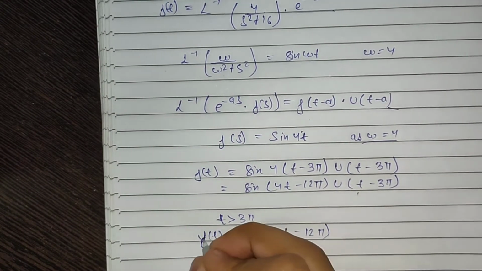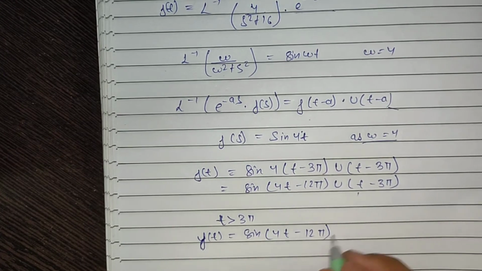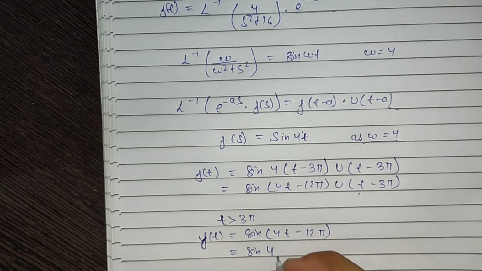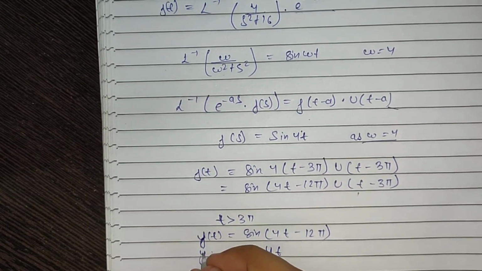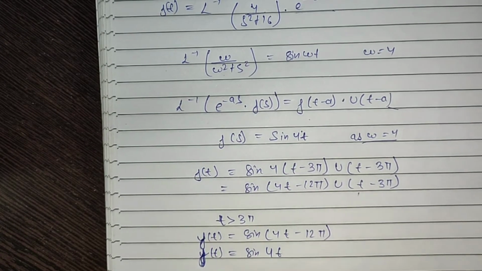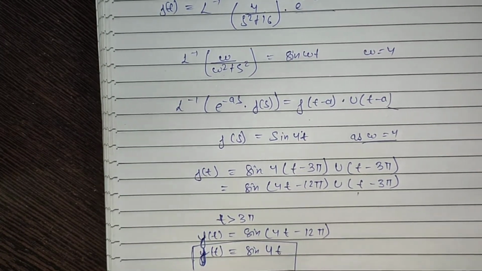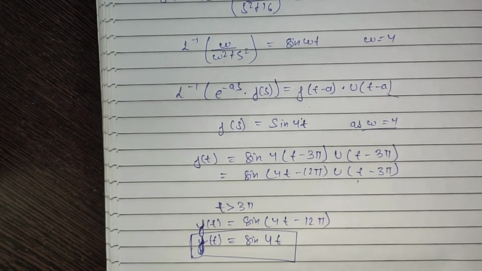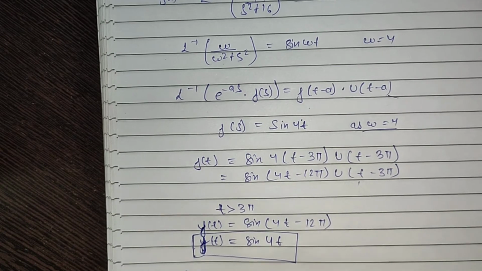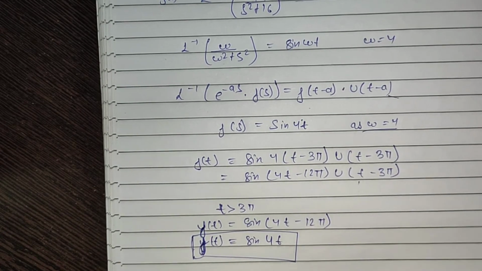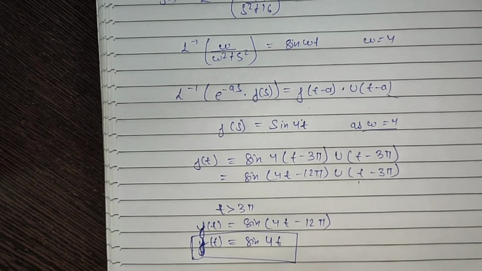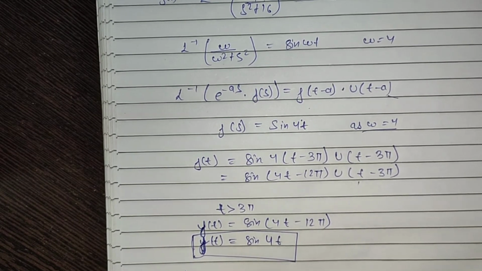Sorry, y of t is equal to sine of 4t minus 12 pi, which is nothing but sine 4t. So this is our final solution, and also we have to plot the graph of this. This is nothing but a simple sine 4t graph, but the thing is it will start from 3 pi. So this is the graph.